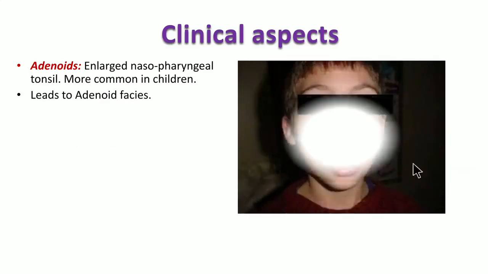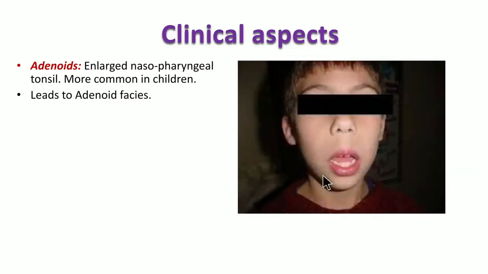You are able to see the face is oblong. It is called adenoid face, and the mouth is always open because the nasal passage is blocked. So nasal breathing is not possible. The person breathes through the mouth, and during sleep you can see him snoring.